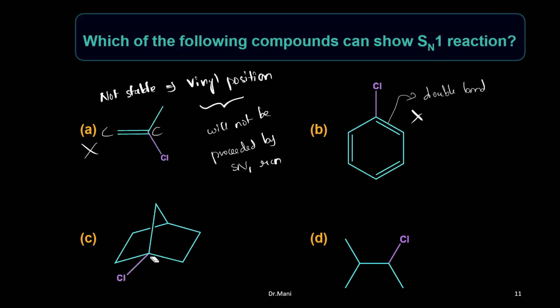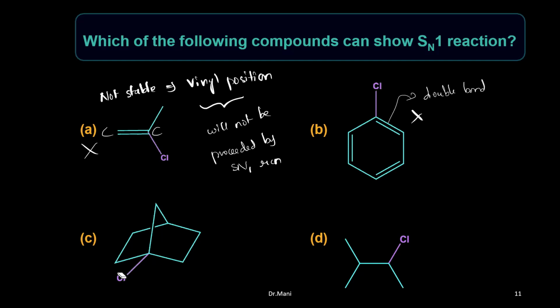You can see there is a bridge at the position. There is a rule called Bredt's rule, but you don't need to remember that. These kinds of reactions mostly will not be given. The bridgehead position also acts like a very unstable one. It is not favorable for the carbocation to form here.